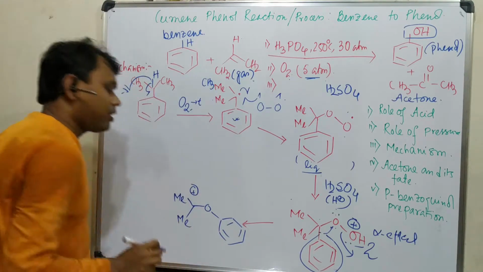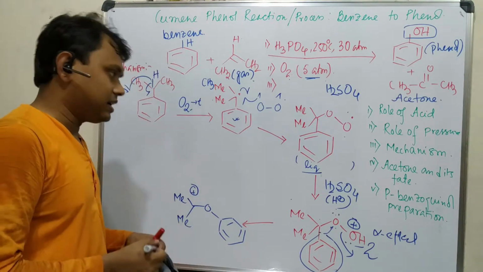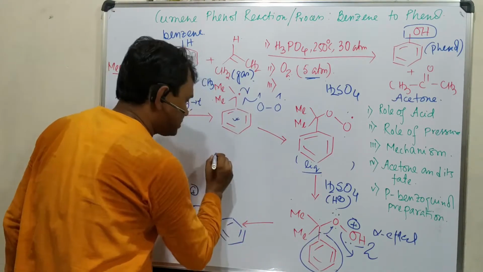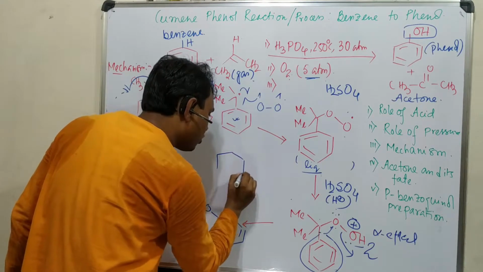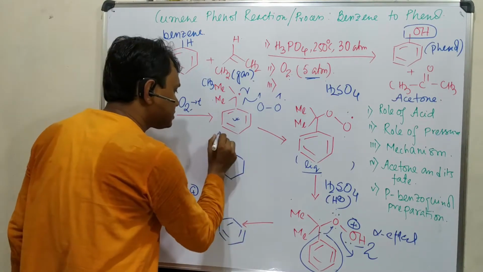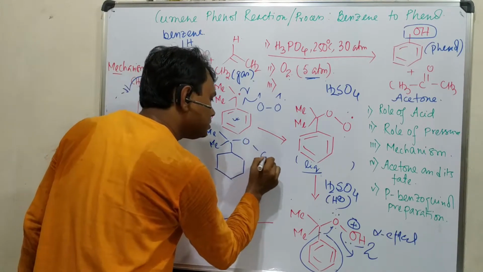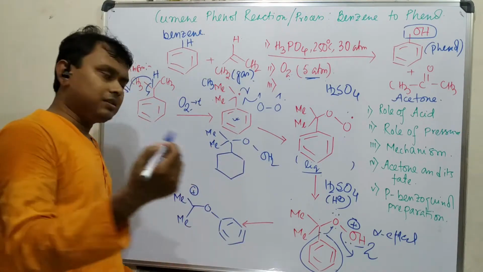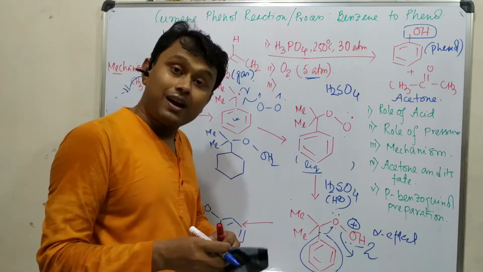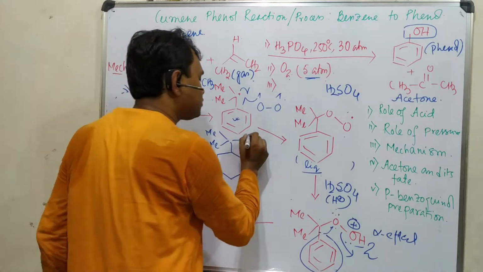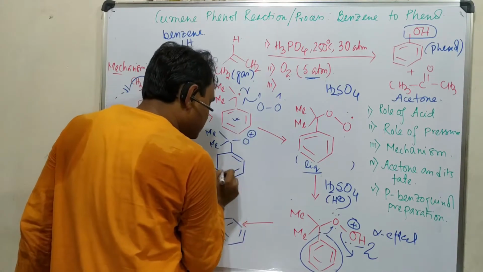Fine. Now, in this context, I want to give you one piece of information: how this happens. For example, if I draw it again, this is the methyl, this is oxygen, this is OH2. Let's consider this is leaving, for your understanding, it is not the reality. So positive charge is here, and this is a double bond.